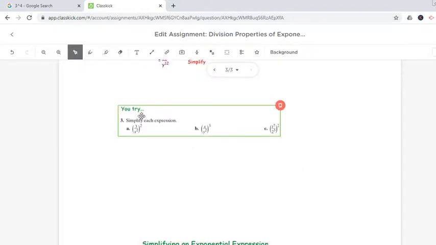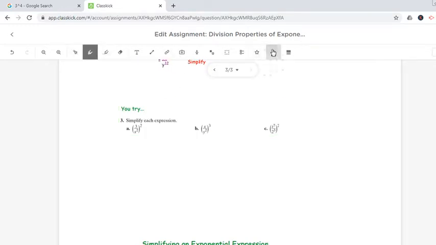Okay, so you try. Simplify each expression. So I'll get my green, and we have 3 over x squared, to the second. So we have 3 squared, and then x squared, and then remember 2 is outside of the parentheses, so we multiply.